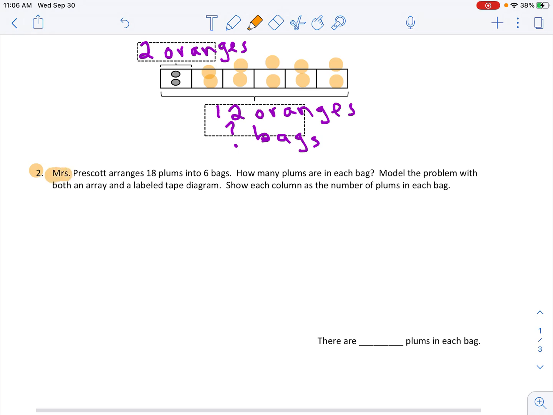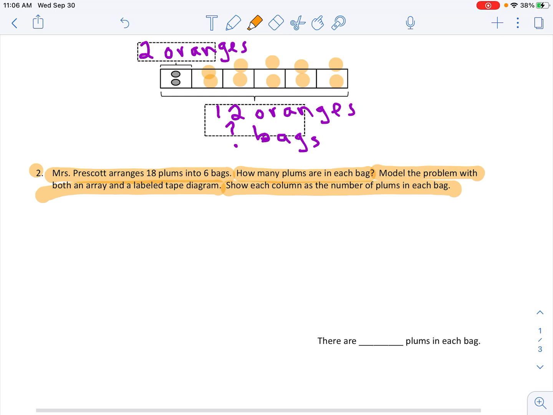Number 2. Mrs. Prescott arranges 18 plums into 6 bags. How many plums are in each bag? Model the problem with both an array and a labeled tape diagram. Show each column as the number of plums in each bag. Okay.